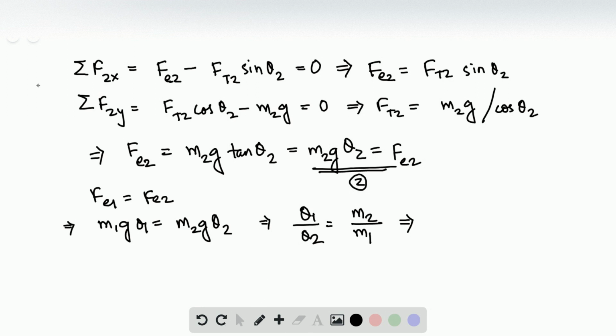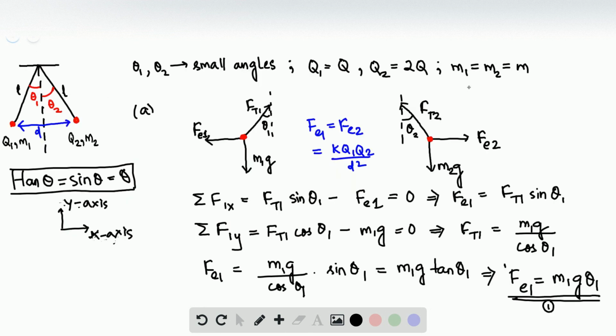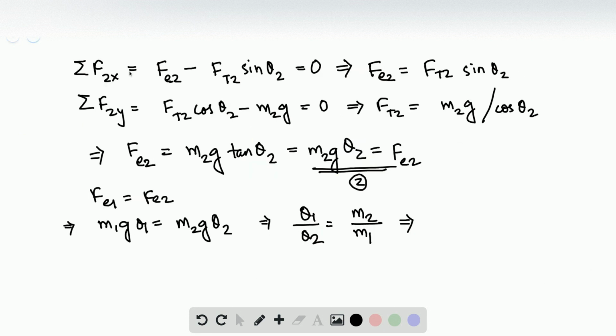Now in this case, our m1 and m2 are equal to m. So theta 1 over theta 2 will be simply equal to 1. So this is our first part.